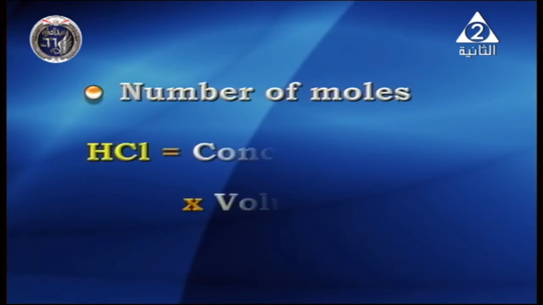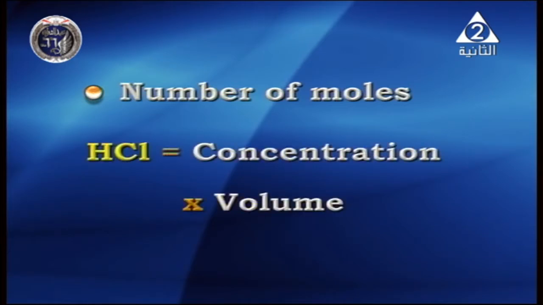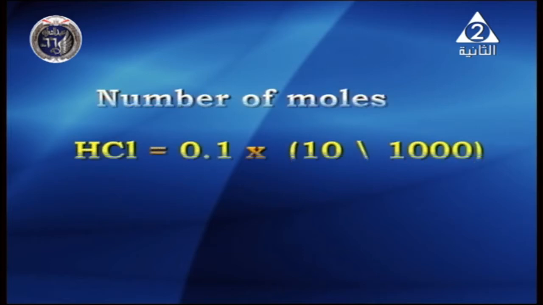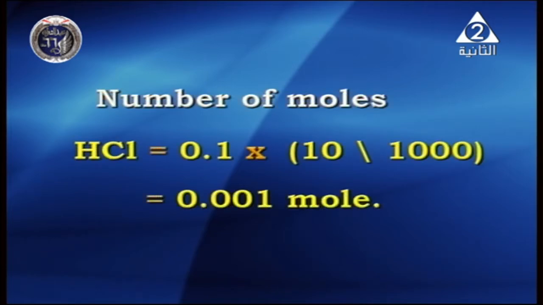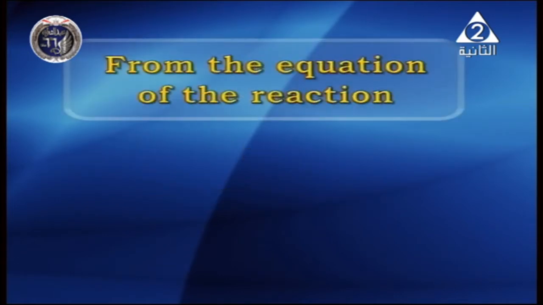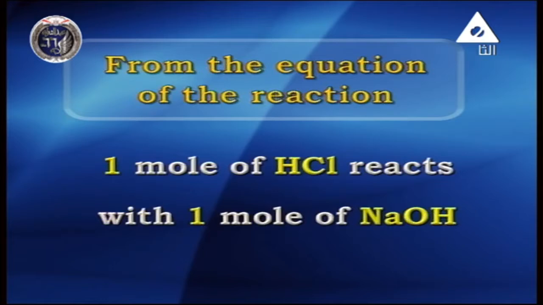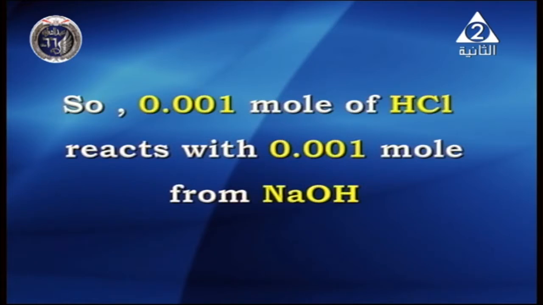So the number of moles equals concentration times volume, so 0.1 times 10 over 1000, it will be 0.001 mole. So from the equation of the reaction, 1 mole of hydrochloric acid reacts with 1 mole of sodium hydroxide. So 0.001 mole of hydrochloric acid reacts with 0.001 mole of sodium hydroxide.